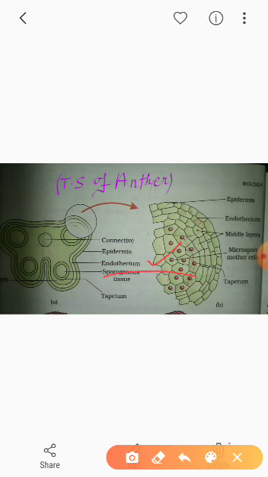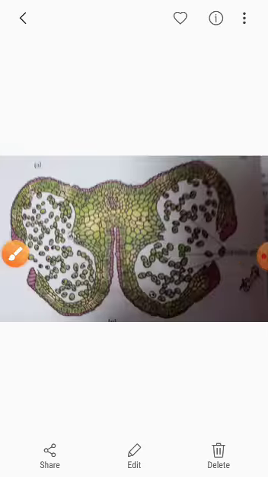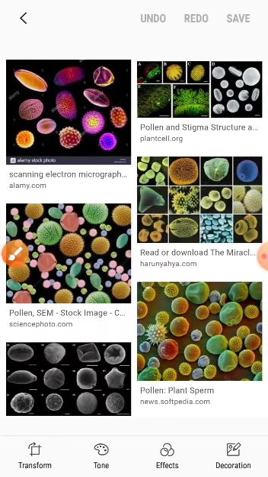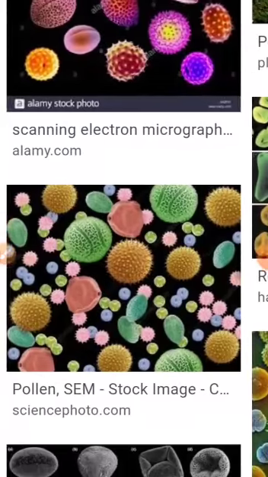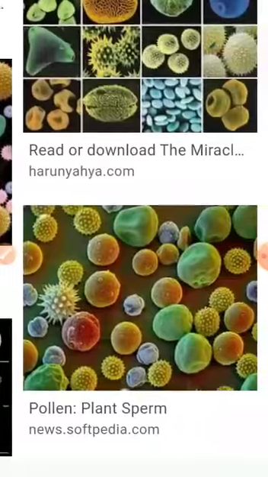Now we are going to the next picture. Yes, this. Wow, see, this is such a beautiful picture. These pictures are showing a huge variety of microspores, that is, the pollen grains. See, students, the shape, size, designs, colors.